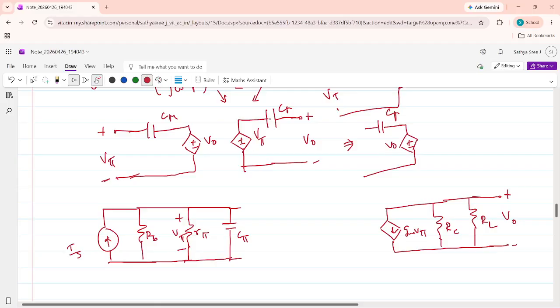If you see here, this V pi and this j omega C mu impedance are in series, so I'm going to replace it by a current source.